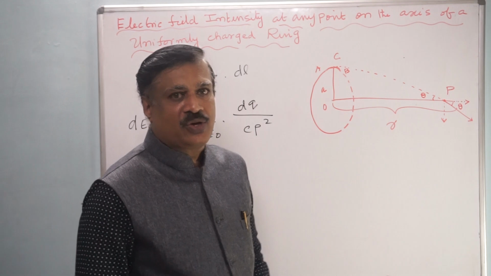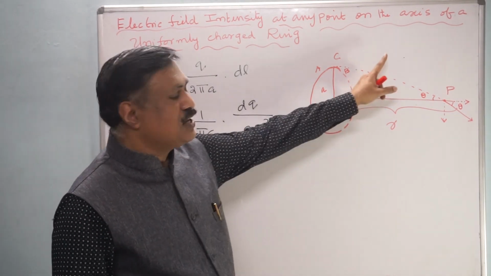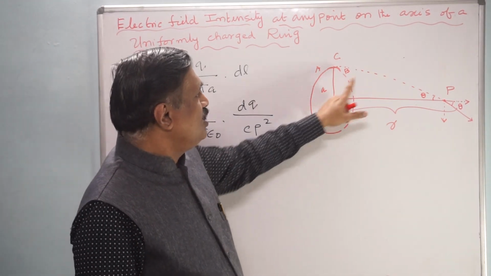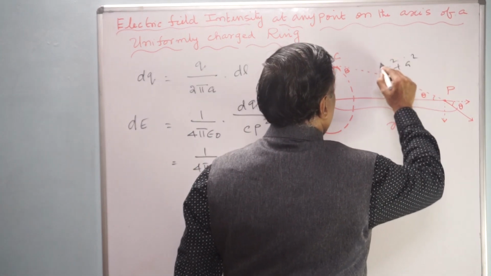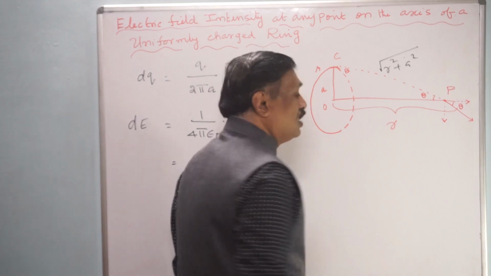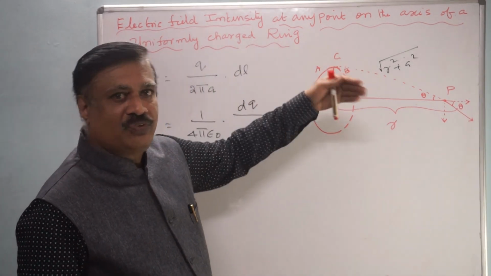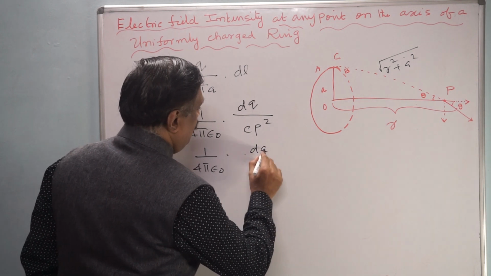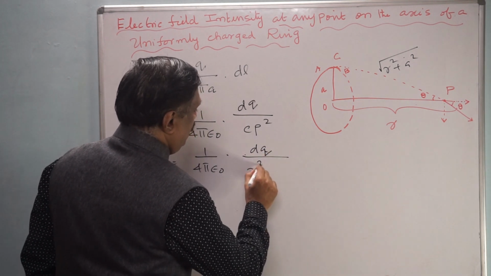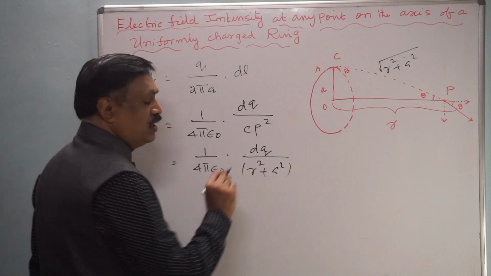Therefore CP squared equals r squared plus a squared, where this is r and this is a. So the denominator is r squared plus a squared, and dq is divided by it.